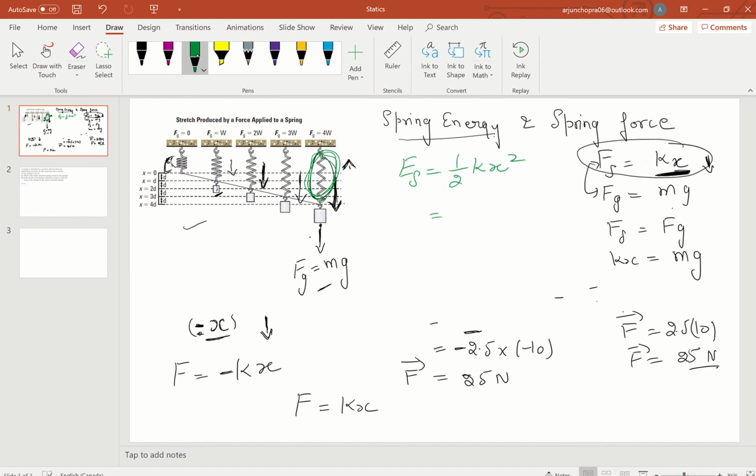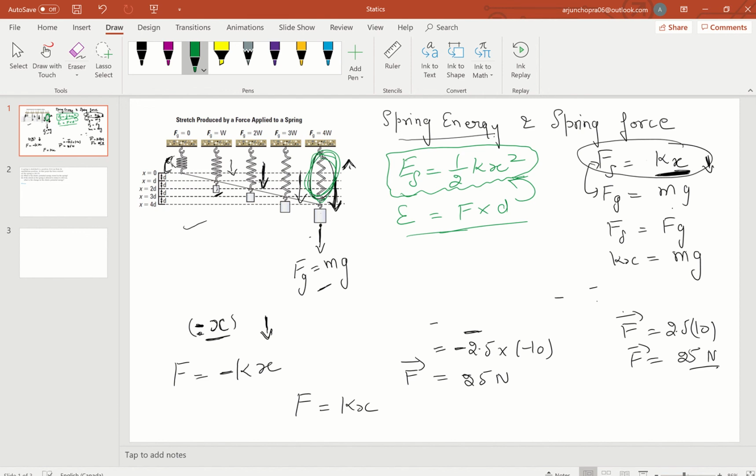It is the same as writing energy is equal to force times distance. If I elaborate on this formula, I can reach this one. I'm not going to get into the details of this, but we're going to use this formula for finding the spring energy.